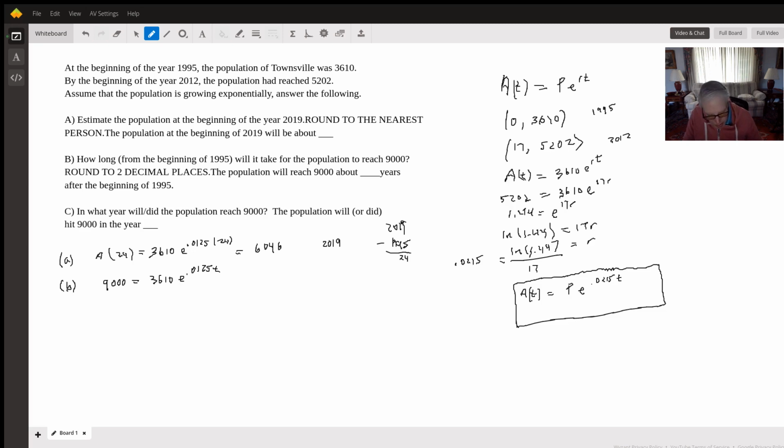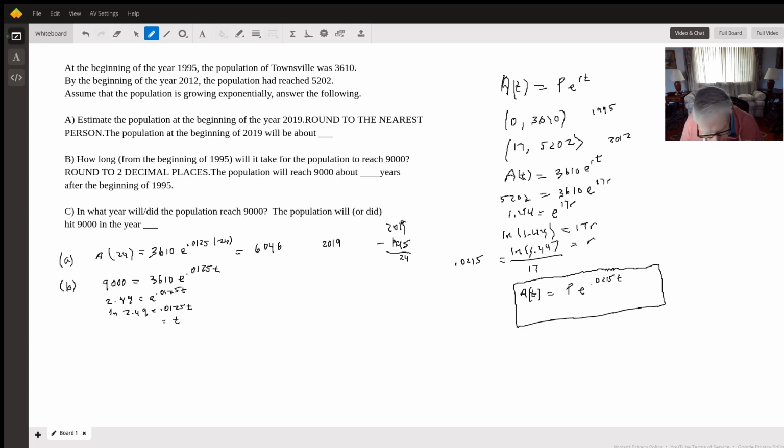So I'm going to go 9,000 divided by 3610, 2.49, equals e to the 0.0215t. Now again, we write this exponential equation as a logarithmic equation. We'll get the natural log of 2.49 is equal to 0.0215t. And we divide both sides by 0.0215.